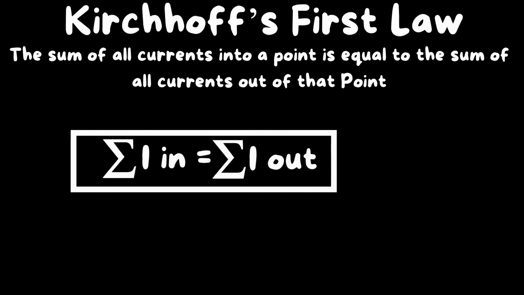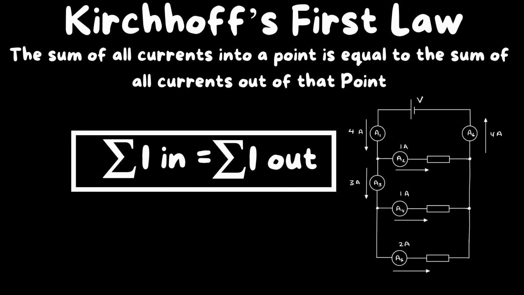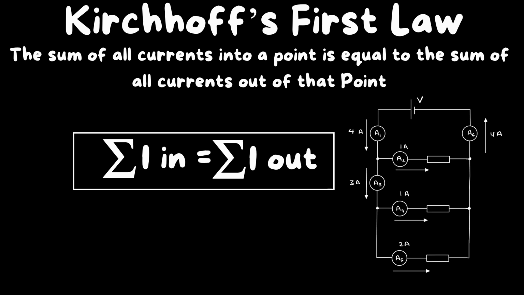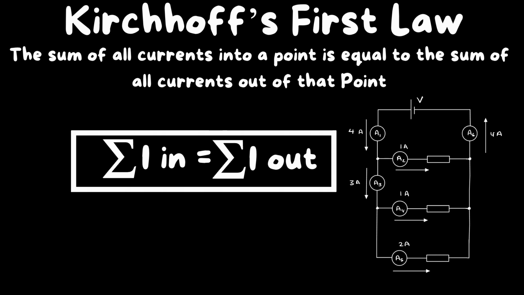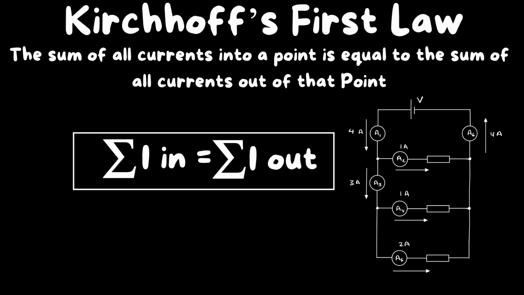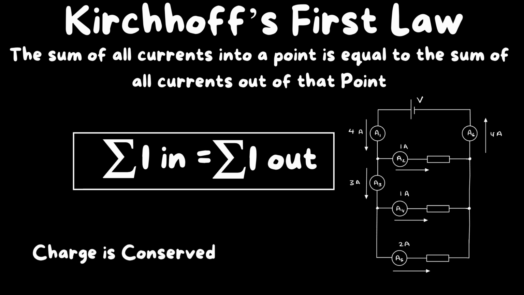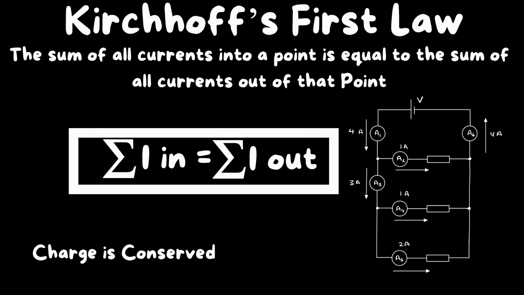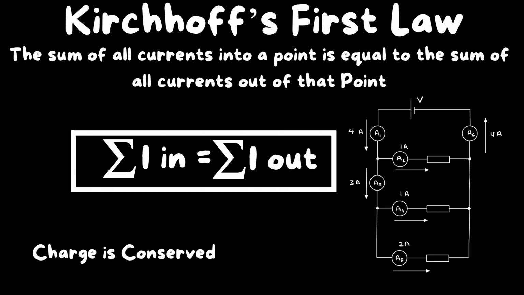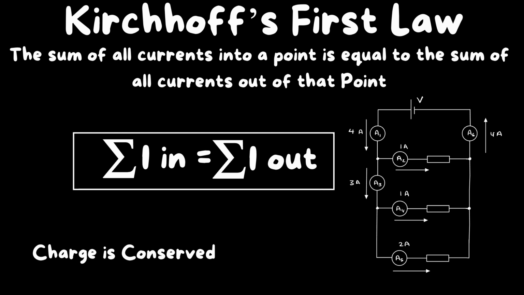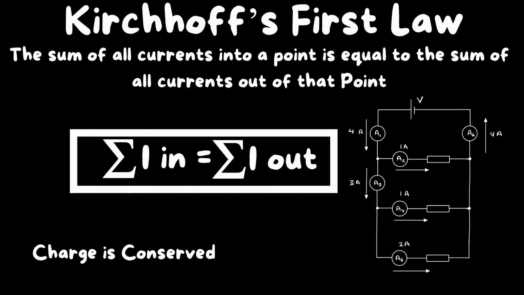So let's have a look at this circuit diagram. Here we've got 3 parallel loops, and the current read by the ammeter A1 is 4 amps, which represents the total current in. If the first loop, with an ammeter and a fixed resistor, is taking 1 amp of current, we have 3 amps available across the other 2 loops.